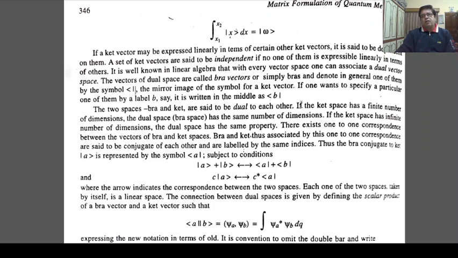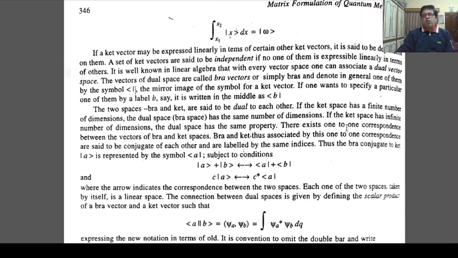If the ket space has a finite number of dimensions, the dual space, the bra space, has the same number of dimensions. If the ket space has an infinite number of dimensions, the dual space has the same property.